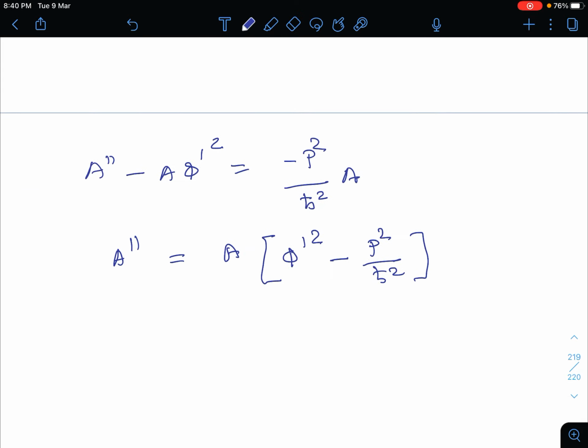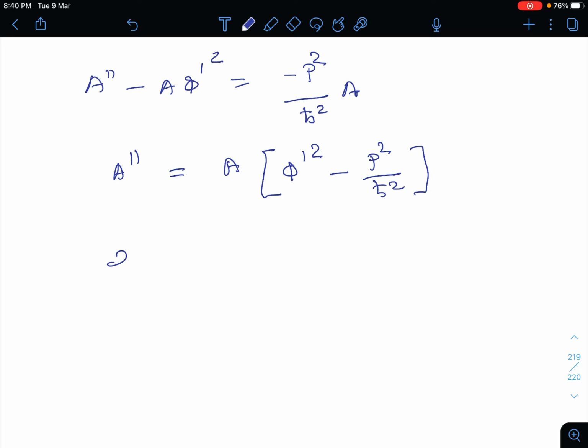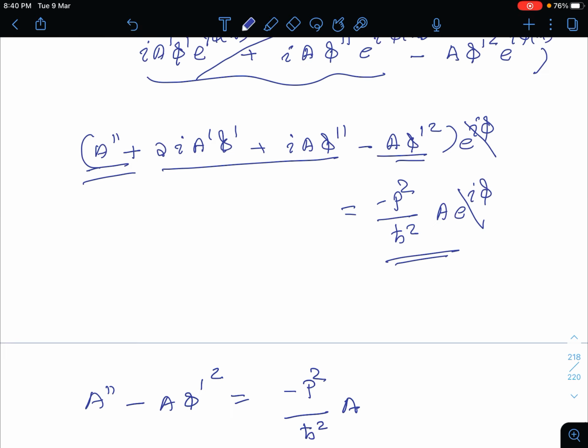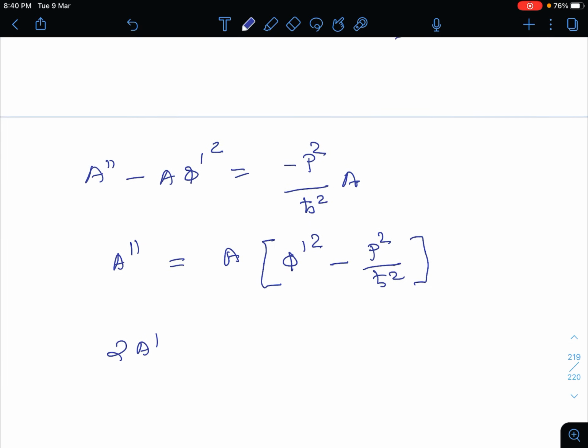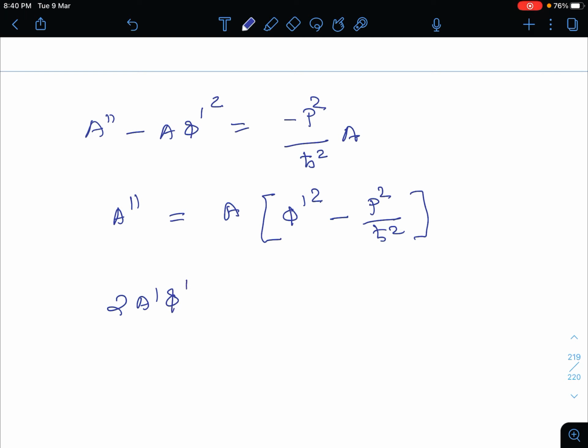And similarly, 2a dash phi dash plus a phi double dash is equal to 0. I'm just equating the imaginary parts. So this equation I'm just rewriting, just check it.